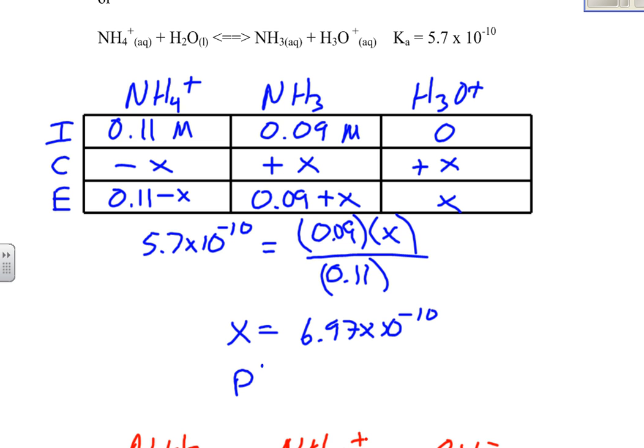And that's going to give us a pH of 9.17. And again, a reminder, our original buffer solution had a pH of 9.24. So again, we've managed to keep the pH from going down too drastically with the addition of the hydrogen ion.